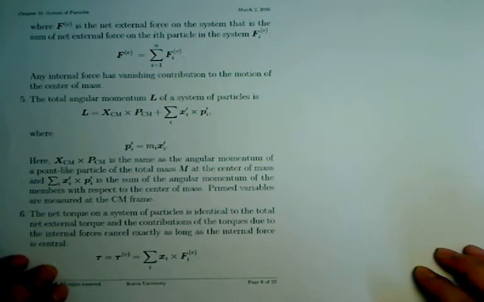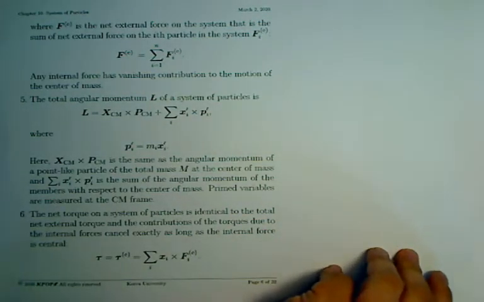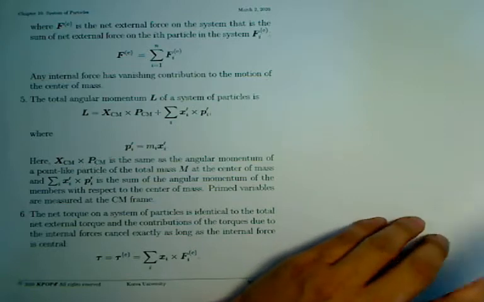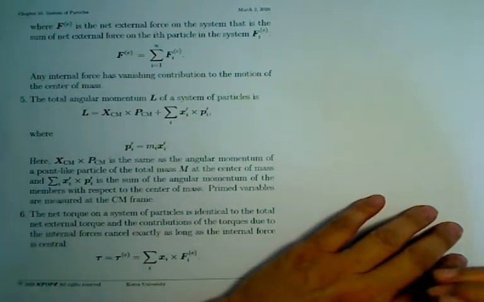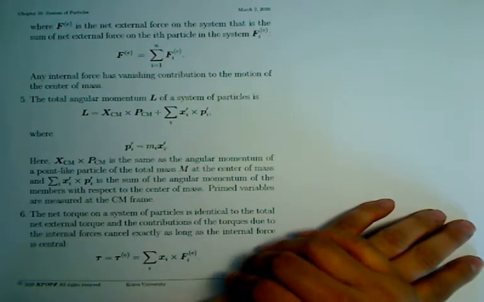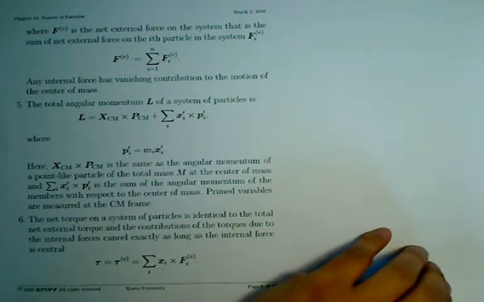And if there is no external force and the only force applied to a system is the internal force, just like the gravitational interaction between the Earth and Sun, then the total angular momentum is conserved. That means there is an orbital angular momentum conservation for a central force system.